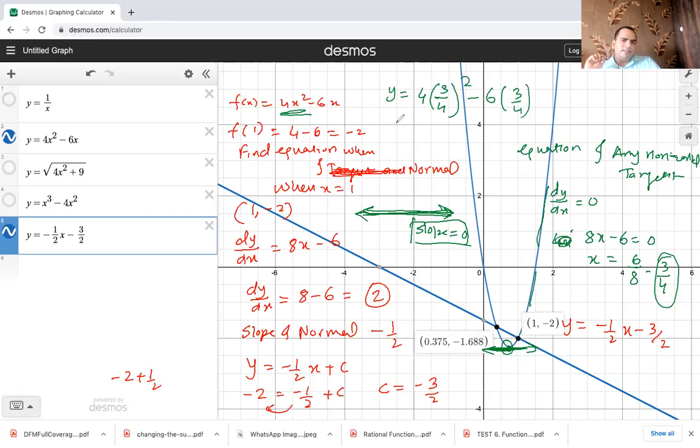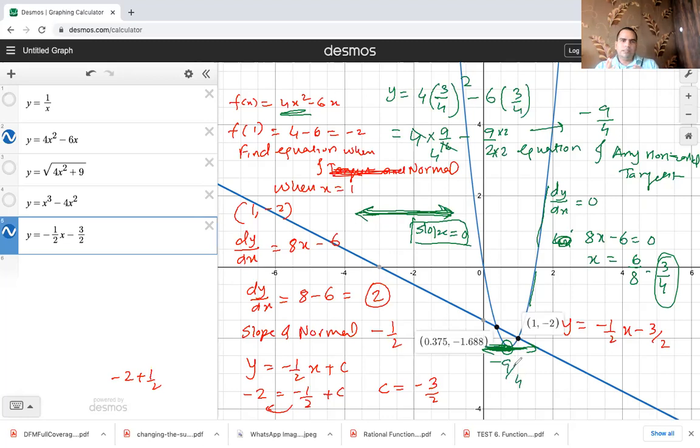If you simplify this, 4 times 9 by 16 minus 9 by 2, this becomes 9 by 4 minus 9 by 2. If you multiply this by 2, it'll be 9 minus 18, which is, once again, minus 9 over 4. So the y coordinate that you get is minus 9 over 4.